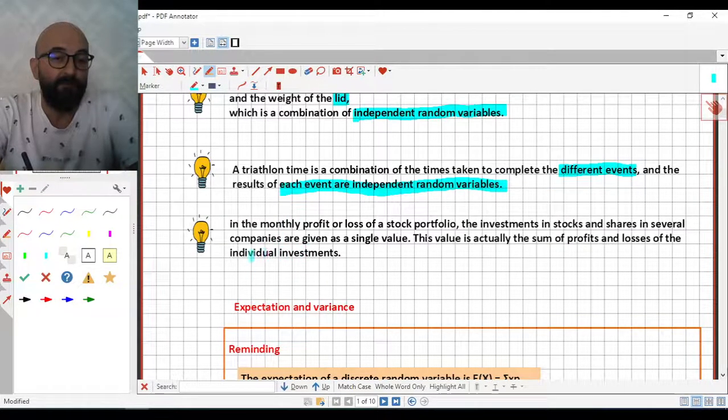The last example, in the monthly profit or loss of a stock portfolio, the investments in stocks and shares in several companies are given as a single value. This value is actually the sum of profits and losses of the individual investments.